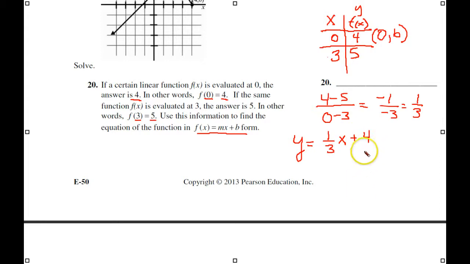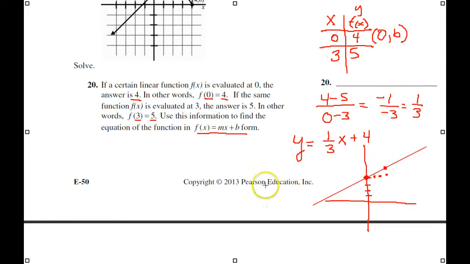And if we wanted to graph that, by the way, we would put a dot at 4. 1, 2, 3, 4. We're going to have a run of 3. 1, 2, 3. A rise of 1. And there is our graph.